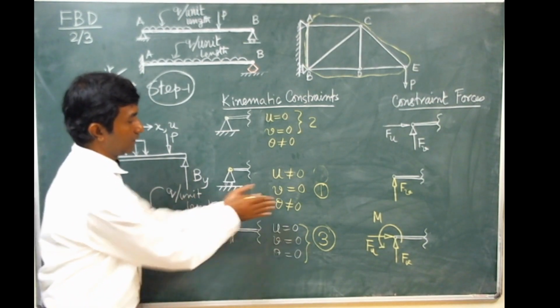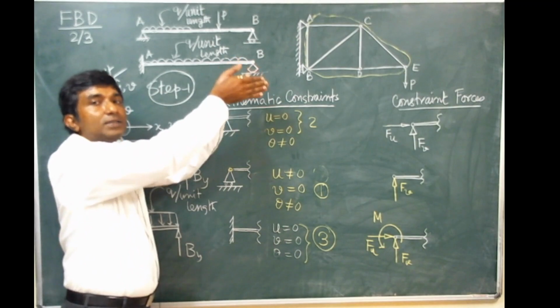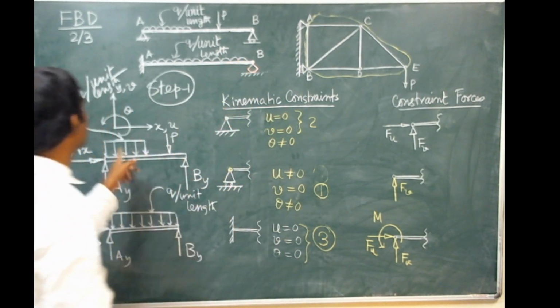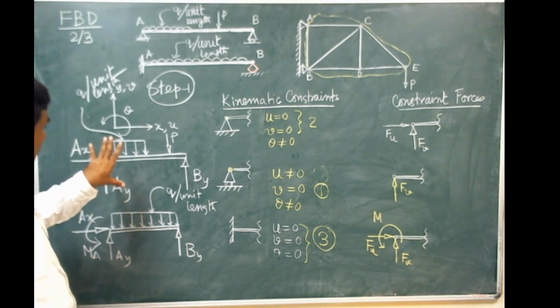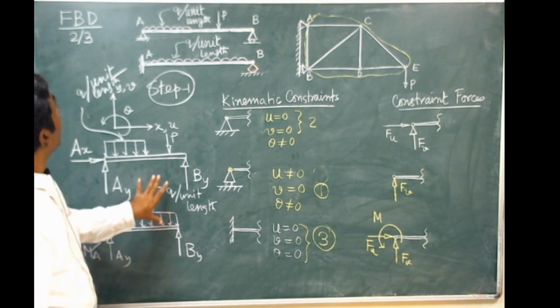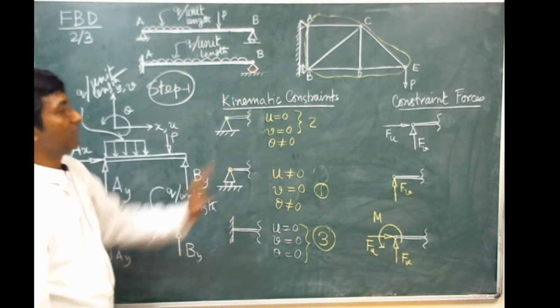One, the translational equilibrium equation along the x-axis, translational equilibrium along the y-axis, and the rotational equilibrium about the z-axis. So with this I stop for now. This second part is over.